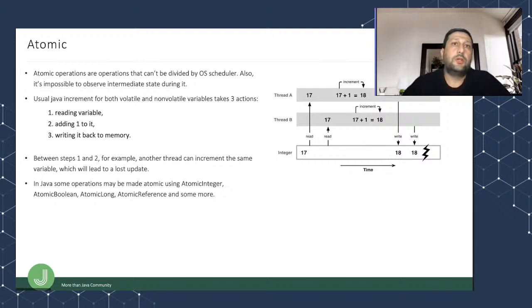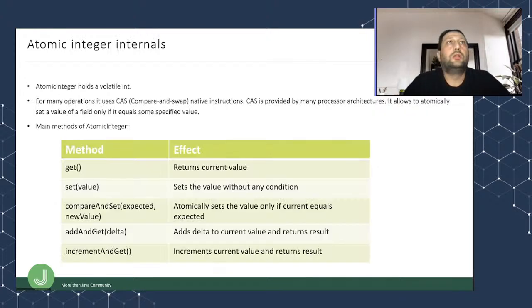In Java, to achieve atomicity, the compare and swap algorithm is used to make these 3 actions into one. Let's move on to the next slide, and we'll talk about AtomicInteger in more detail.